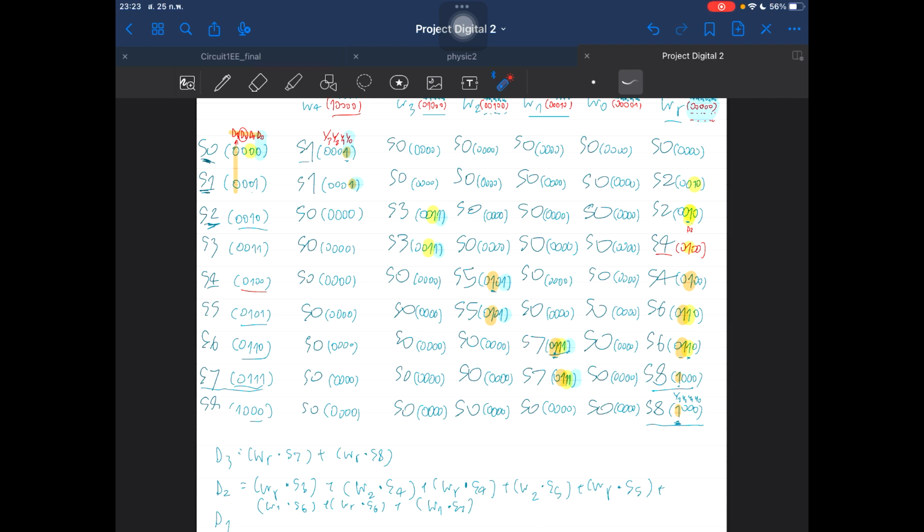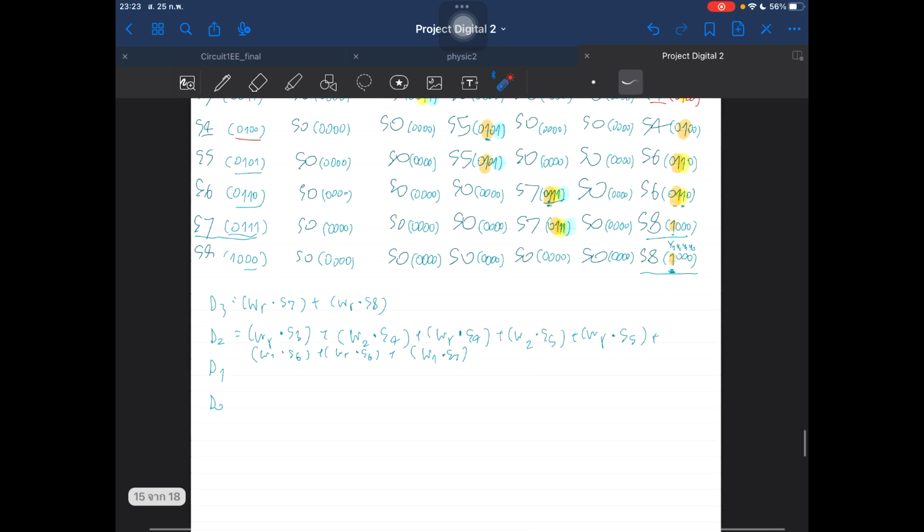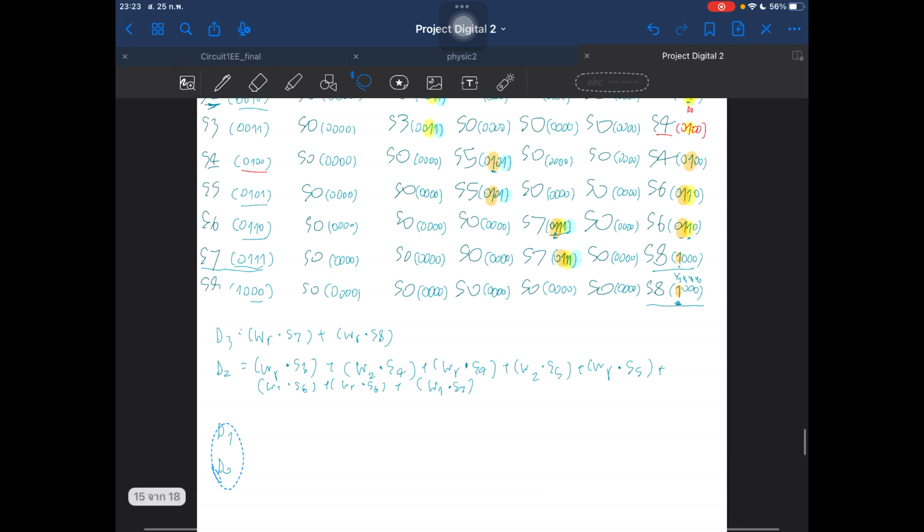D2 0, D2 0, and then state 7 is on. Go to state 8. In state 8, D2 0, D2 0, D2 0, D2 0, D2 0, and D2 0. Then D2 is on. Finish.